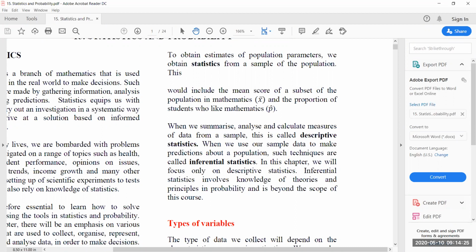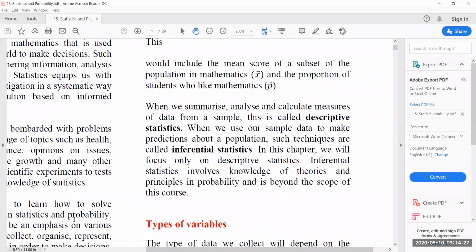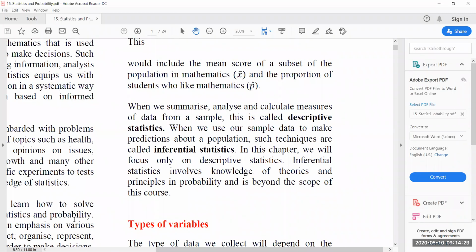So we summarize, we analyze, and calculate measures of data from a sample. This is called descriptive statistics, right? We actually describe stuff. When we use our sample data to make predictions about a population, such techniques are called inferential statistics. You understand the difference between descriptive and inferential statistics?